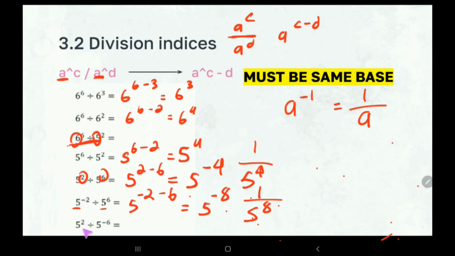And then here we have the same base, so 5 to the power of 2 minus negative 6, so it will be positive, right? Negative and negative, it will be positive, so 5 to the power of 8. And we're done.